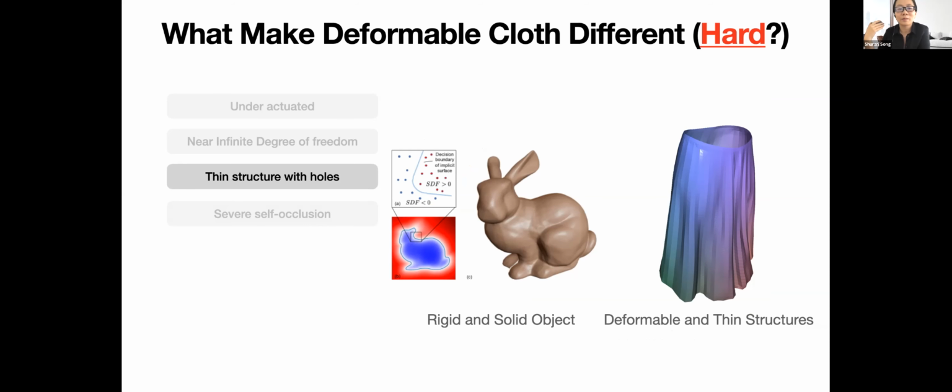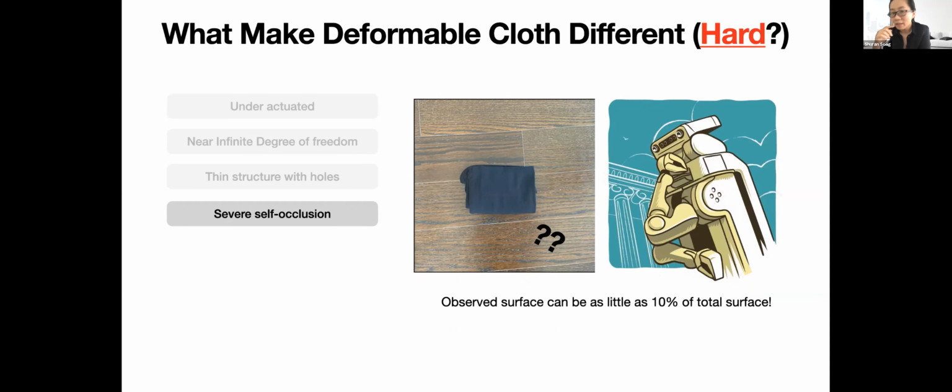This requires us to think about potential new shape representations. Finally, because cloths are so thin and can deform in so many different ways, they often experience the most extreme cases of self-occlusion, especially when folded or crumpled together, which makes perception and planning extremely difficult.